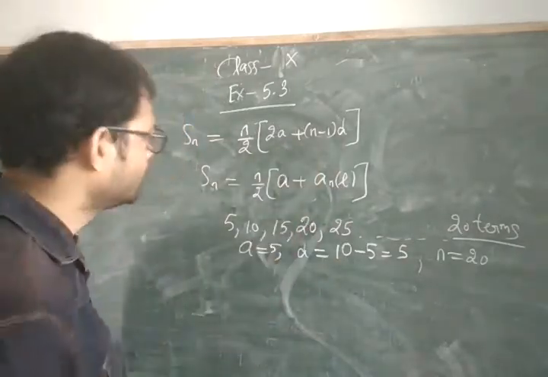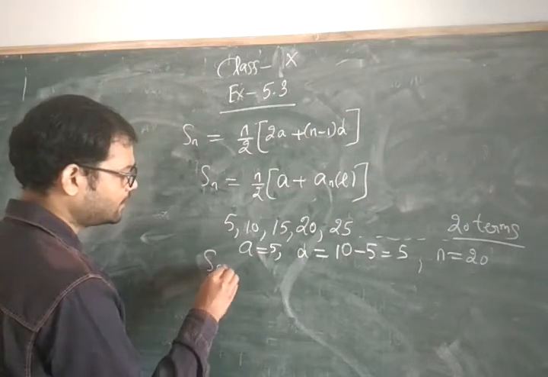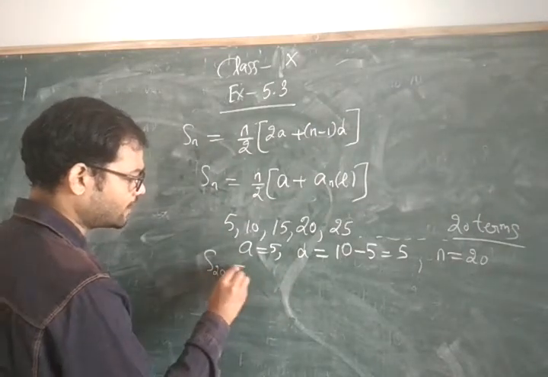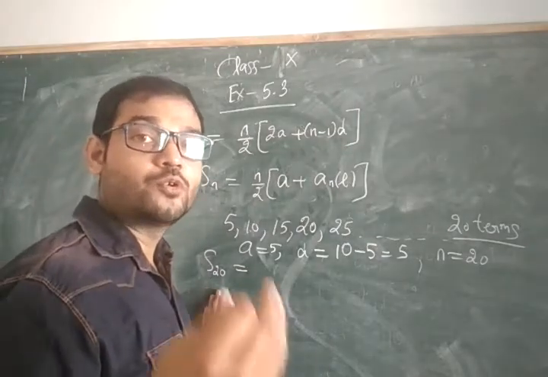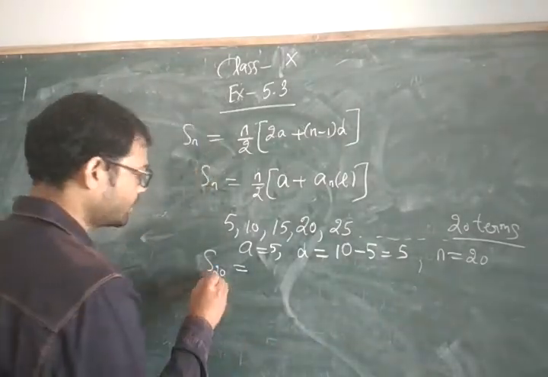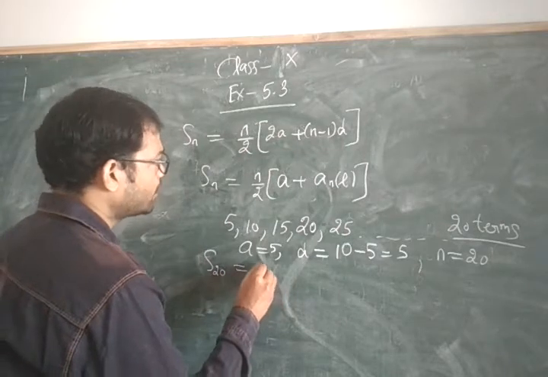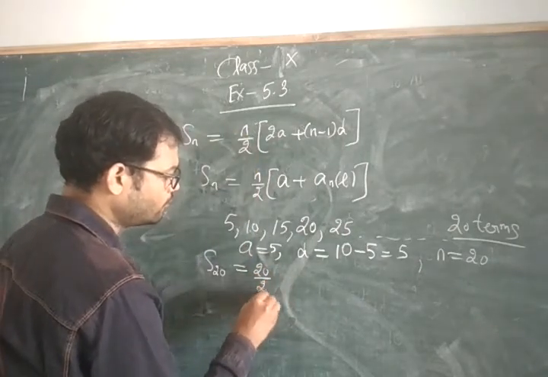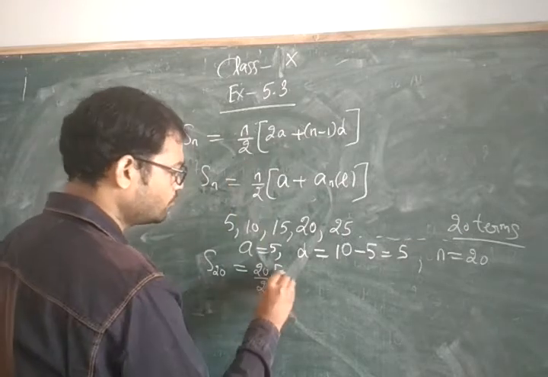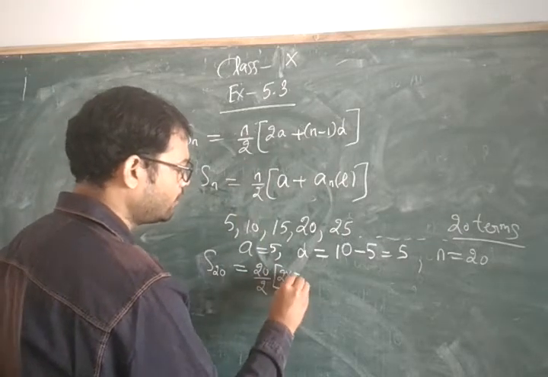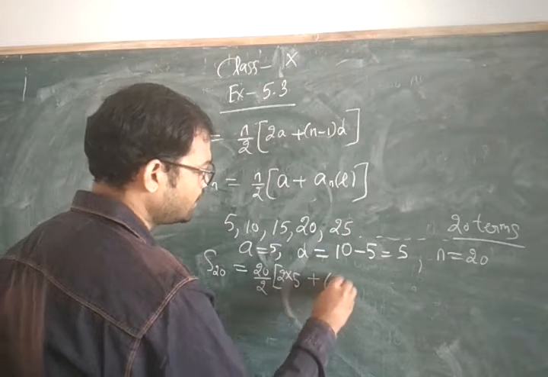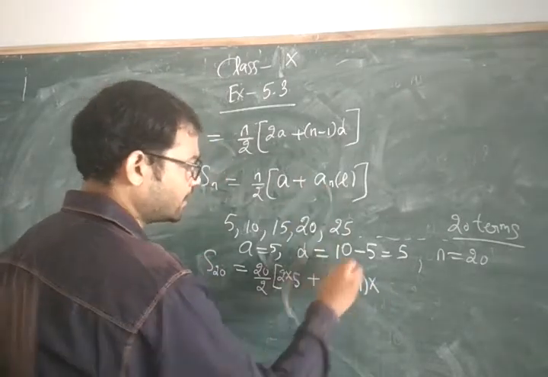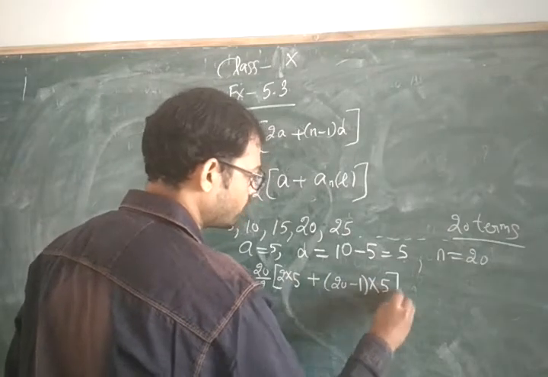So let's start. For this one, Sn, the value of n is 20. So S20 means sum up to 20 terms. So S20 will be equal to n, the value of n is here 20, upon 2, and then bracket 2 multiplied by a, the value of a is 5, plus n, which is 20, minus 1, and multiply d, and the value of d is also 5.